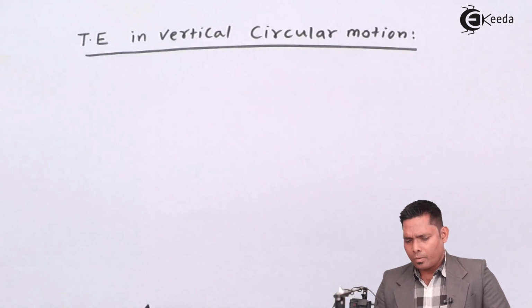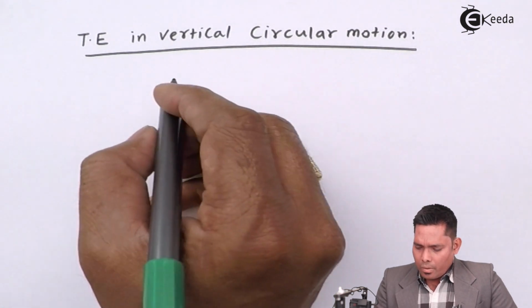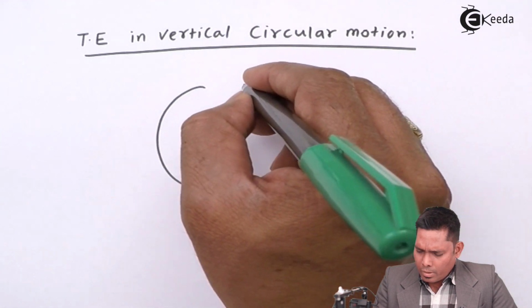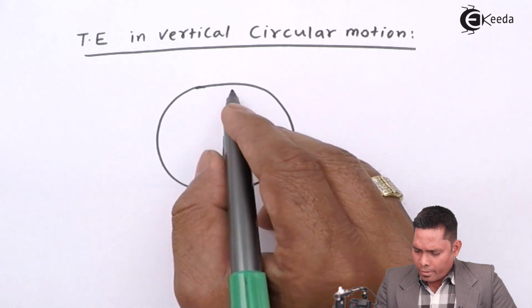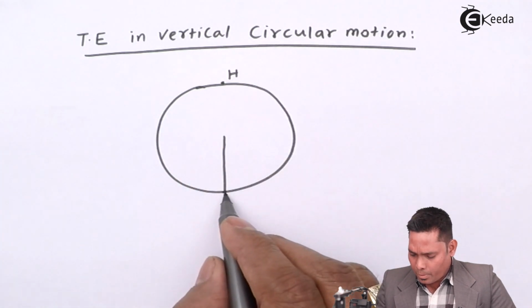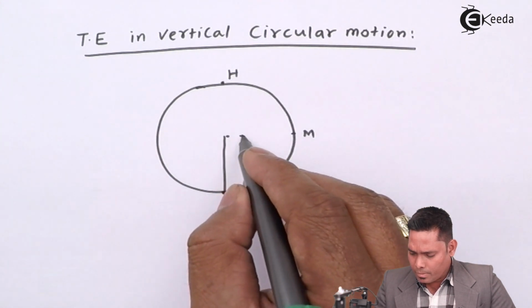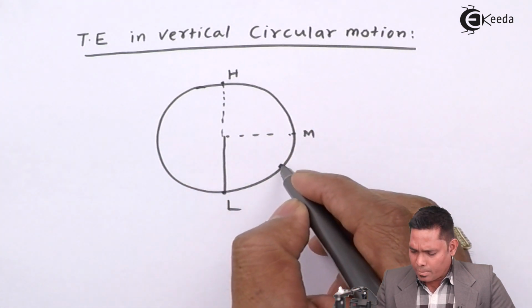Now, if I have a particle moving in a circle, and this is the highest point H, this point is the lowest point, this point is the midpoint, and this point is any point P.